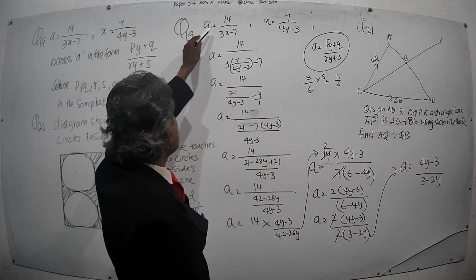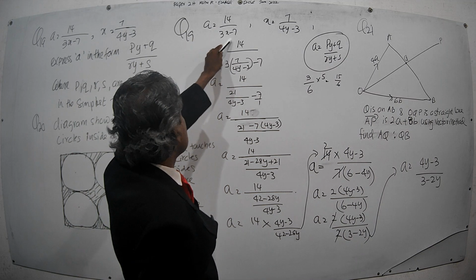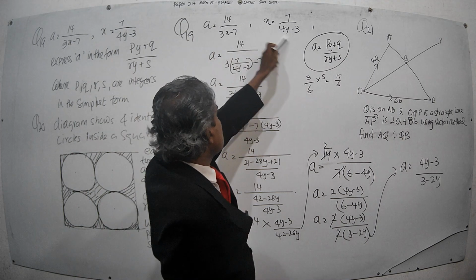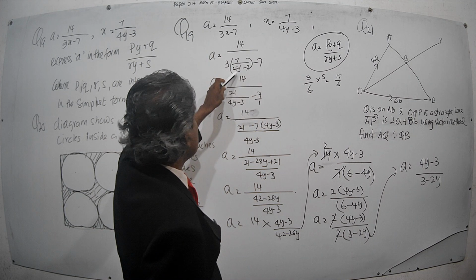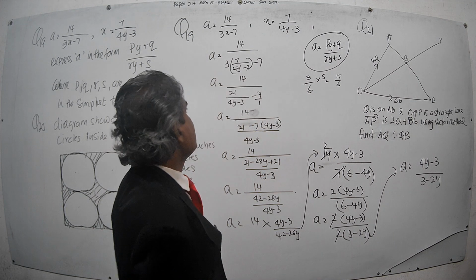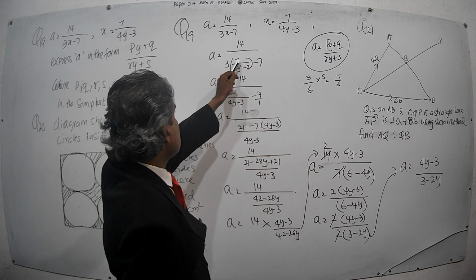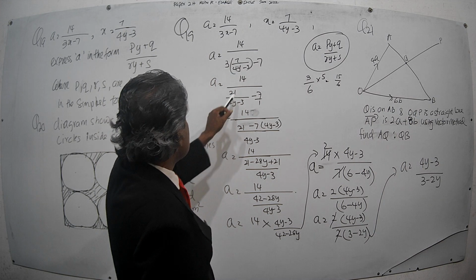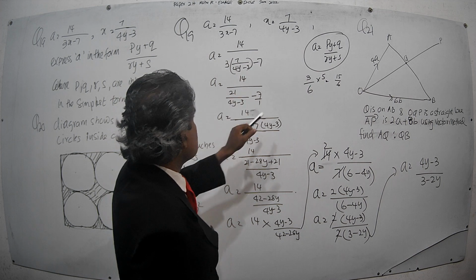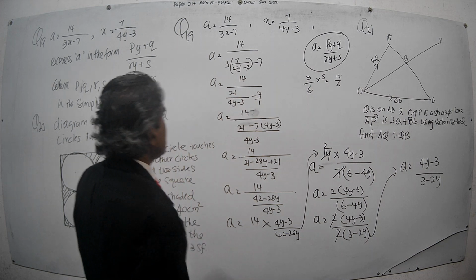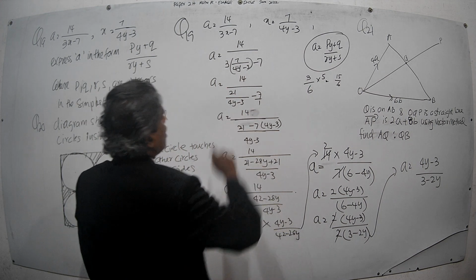Here A equals 14 over 3x minus 7. This expression for x was substituted for this x here, 7 over y minus 3. Then you remove the bracket. 3 times 7 is 21, 21 over 4y minus 3. Then this minus 7. Here the denominator is a fractional statement.